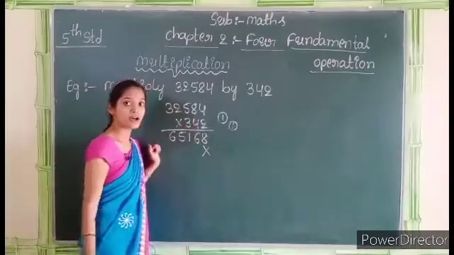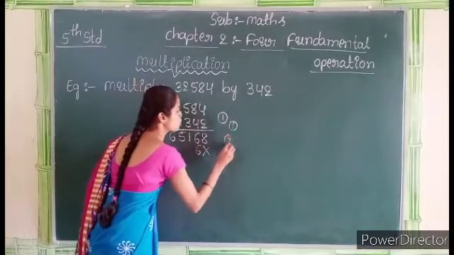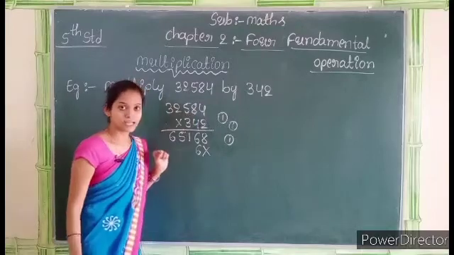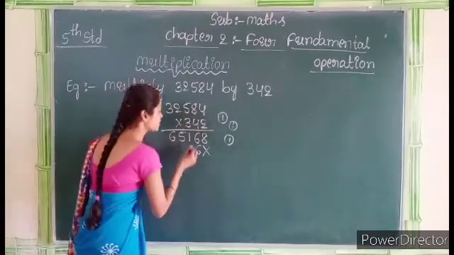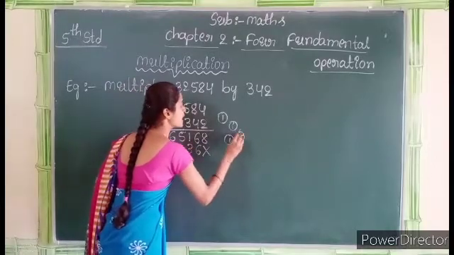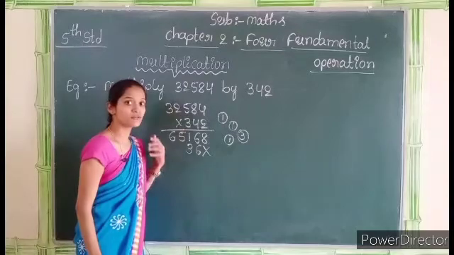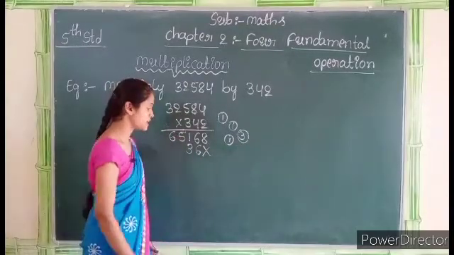4 4s are 16. I will write 6, then 1 carry, then 4 8s are 32. 32 plus 1, 33. I will write 3, then 3 carry, then 4 5s are 20. For the 20 we have to add 3, that is 23.